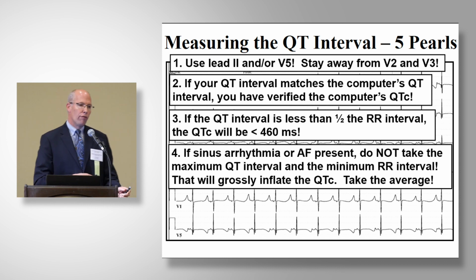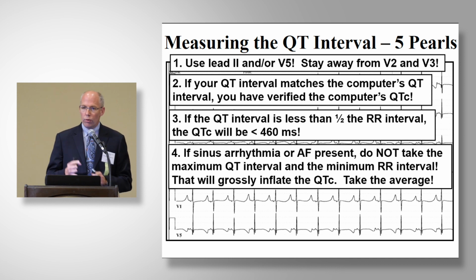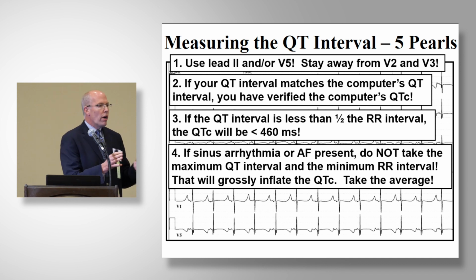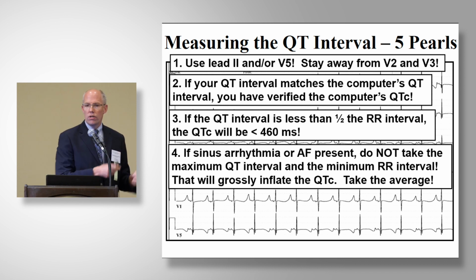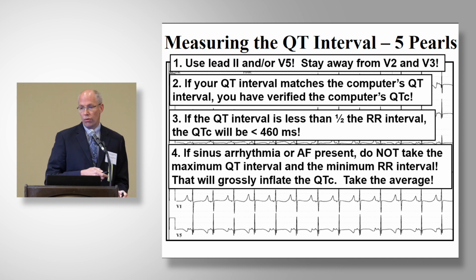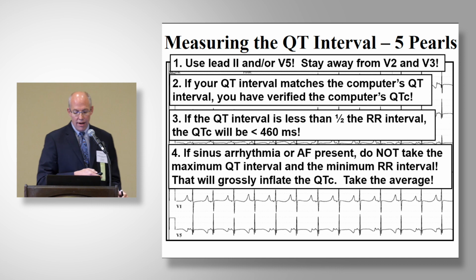Be really careful in the setting of sinus arrhythmia and atrial fibrillation that you resist the urge of saying, well, where's the longest QT and where's the shortest RR, and I'll just use that for my math. That will grossly inflate the truth. And you will overdiagnose long QT a lot. Take the average.